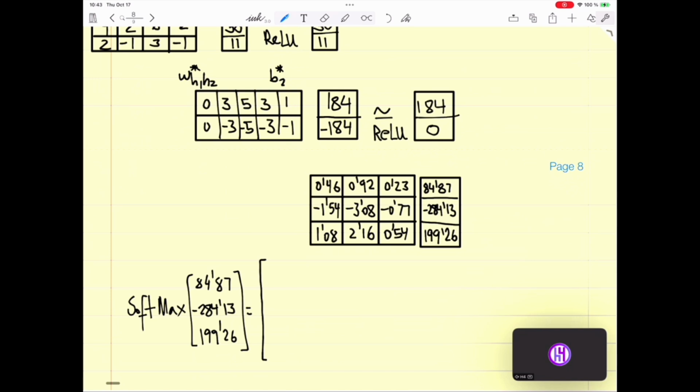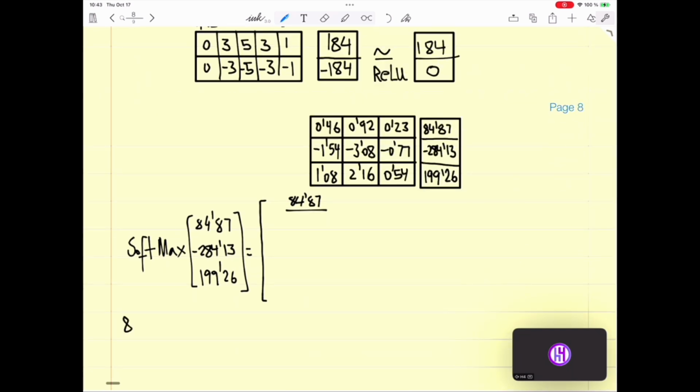Divided by the sum. The sum is going to be 84.87 minus 284.13 plus 199.26.